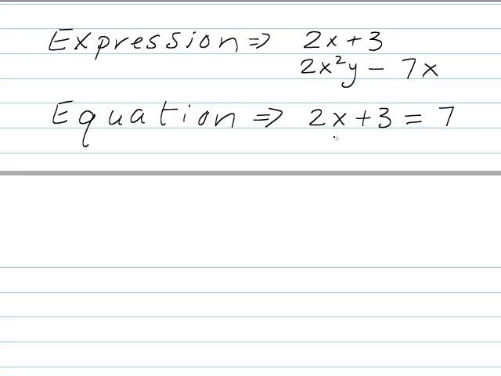And so we can have any kind of expression. When we set it equal to something, then it's an equation. So we can have something like 2x plus 5 equal to 6x minus 3.